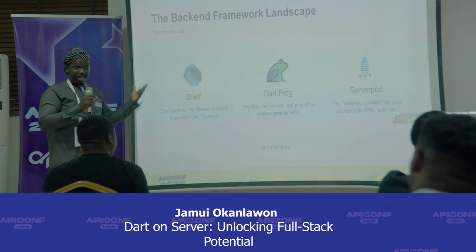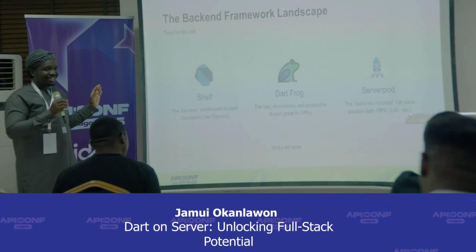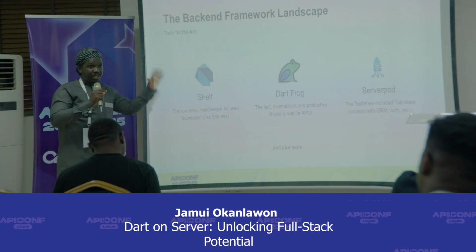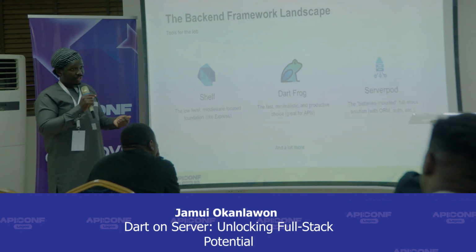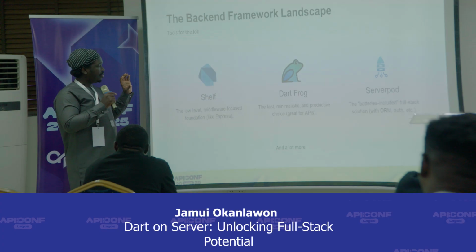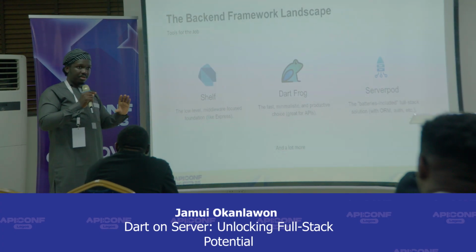We have Shelf, which I showed you earlier, which looks a lot like Express, basically. You do almost the same thing. Get, post, put, delete, middlewares, they are all defined the same way. You have Dart Frog, which is my favorite. Dart Frog uses the file system, so you define your route in the file, basically.